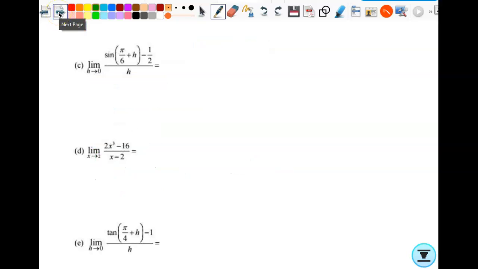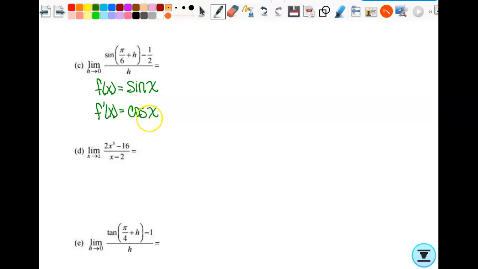So let's look at C. What do you think f of x would be? Well, f of x is going to be an equation. It's going to be a function. It's going to be the sine of x. It's going to have x's in it. So then I take the derivative. F prime of x equals what?